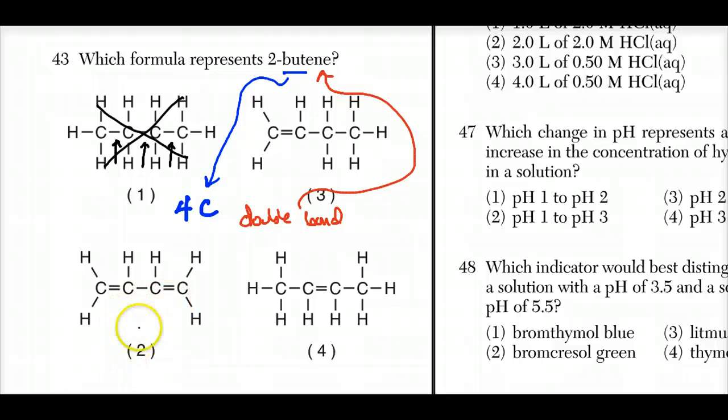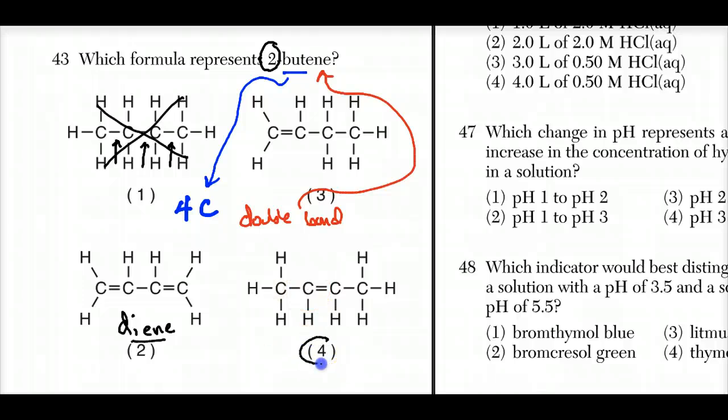This would be a butadiene, with a di and an ene at the end. They didn't say 2 enes, just 1 ene. And notice they told me where that double bond was because structure is king in organic chemistry. You change the structure, you change significantly the chemical and physical properties. So 2-butene means on the second carbon we have a double bond.